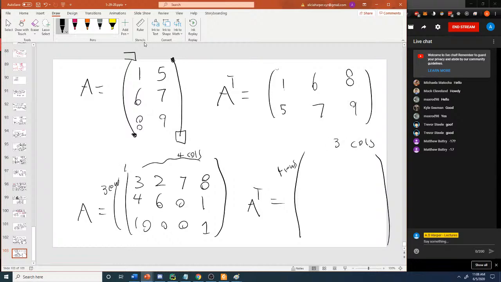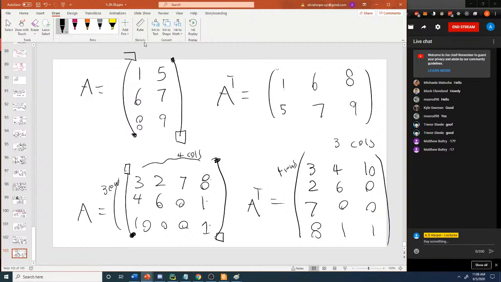And I imagine that I'm holding this fixed, and I'm interchanging this edge with this edge. So if I have 3, 4, 10 here, now I'm going to have 3, 4, 10 here. If I have 2, 6, 0 here, then I'm going to have 2, 6, 0 here. 7, 0, 0 here, I'm going to have 7, 0, 0 here. 8, 1, 1 here, I'm going to have 8, 1, 1 here.